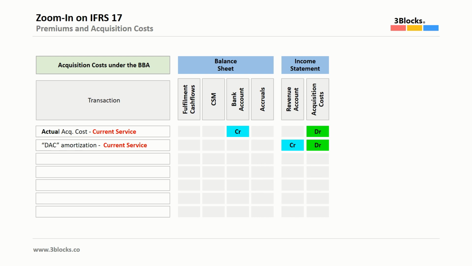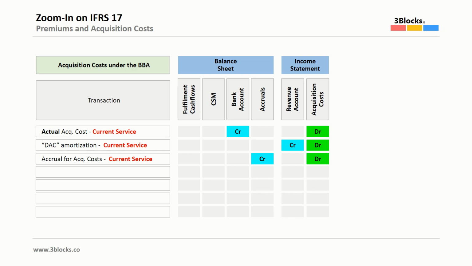The related amount is credited to the revenue account and debited to the acquisition costs in the income statement. This entry does not have any impact on the profit, but it is needed to ensure completeness of the acquisition costs and the revenue. If, for whatever reason, the acquisition costs are still not complete, we should follow the standard accounting procedure for accruing for missing costs.